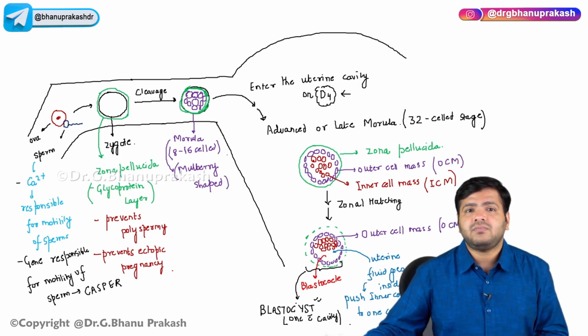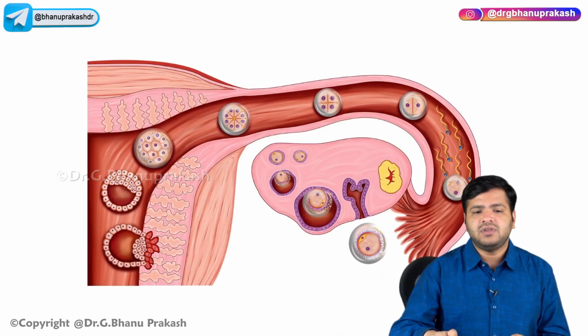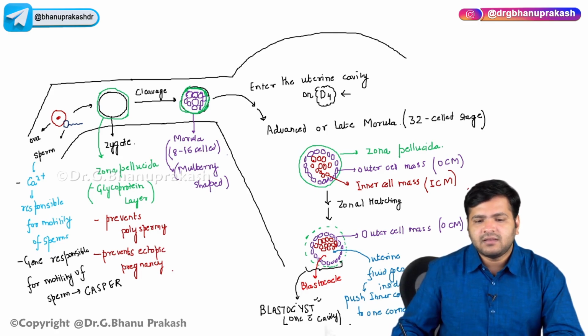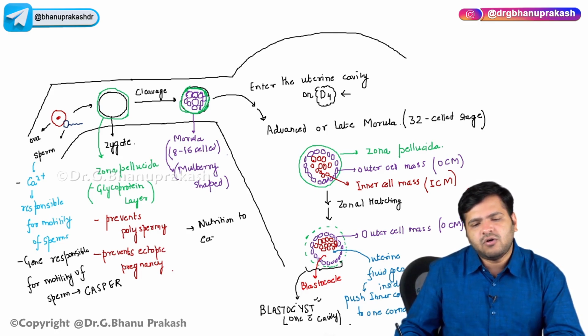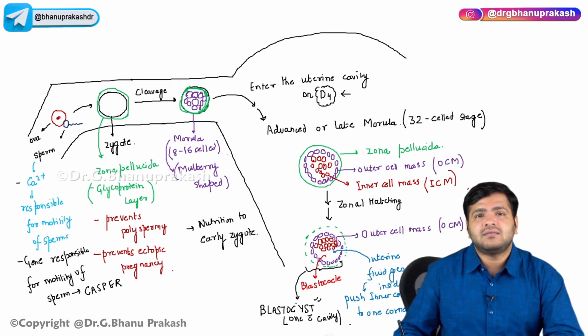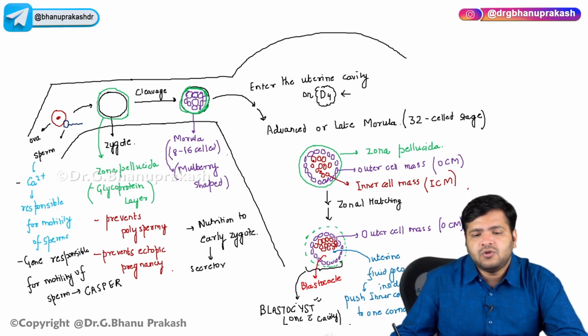Now one more important point I have to mention: nutrition to the early zygote is provided by the secretory cells of the fallopian tube.